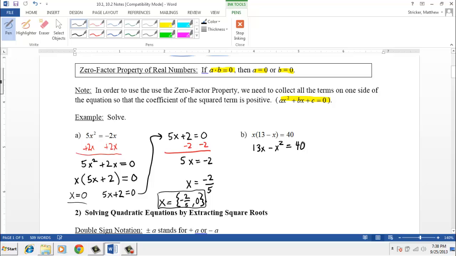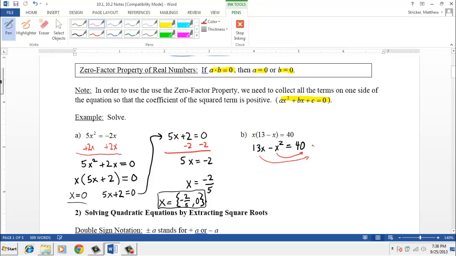Equals 40. Now notice here, in its current form, we have stuff on both sides, but also it's a negative x squared. The x squared is negative. We would prefer it to be positive because it makes the factoring process a whole lot easier. So I'm going to go ahead and move all this stuff over to this side.